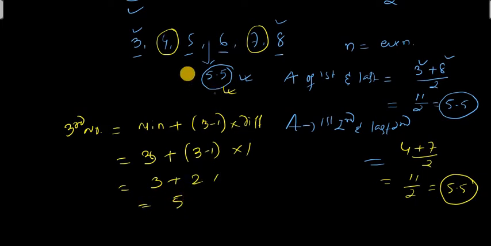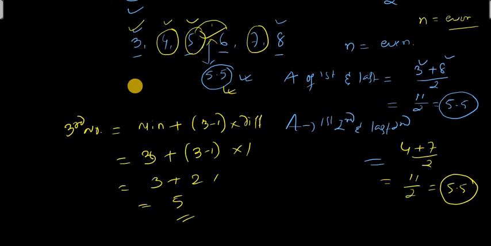So the third number is 5. When n is equal to even, the middle numbers give the average.